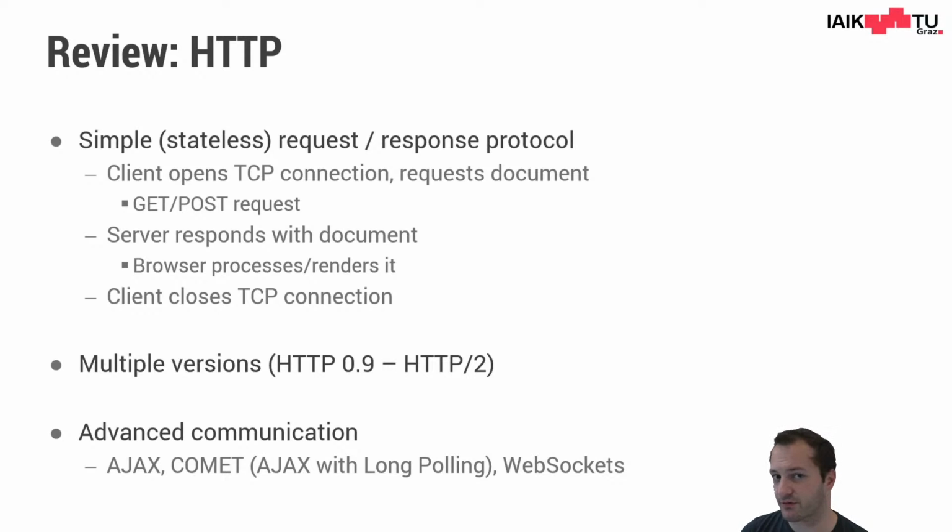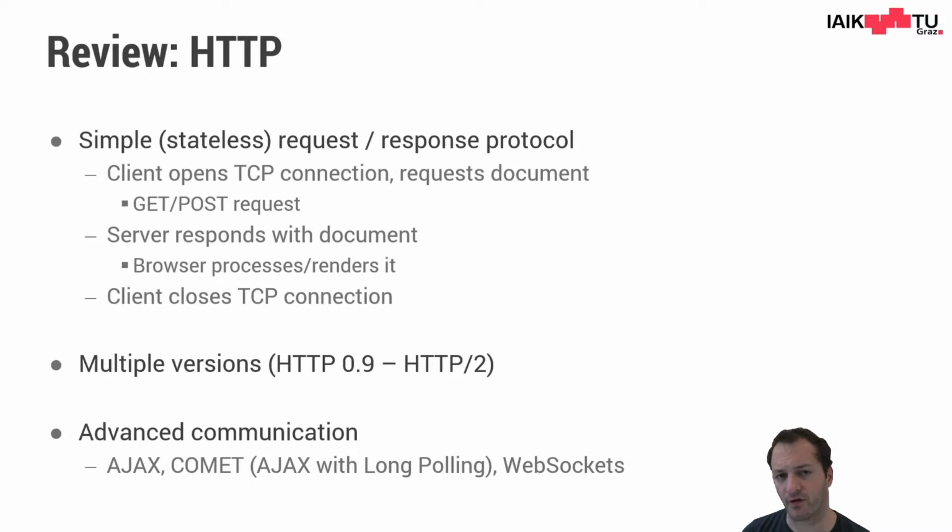Usually the client just opens a TCP connection. Firefox and Chrome just use the regular sockets provided by the operating system and send out a request like, get me this document. They specify an HTTP version, probably some headers in addition, like a user agent, the host they want to contact, the language they understand, and whether to encode or compress the transmission.